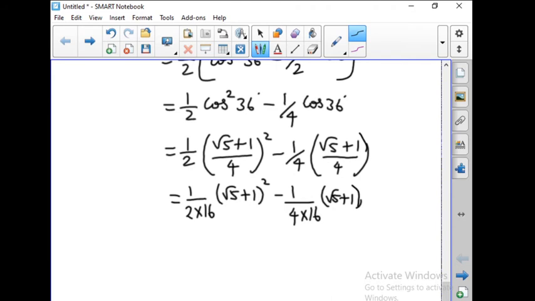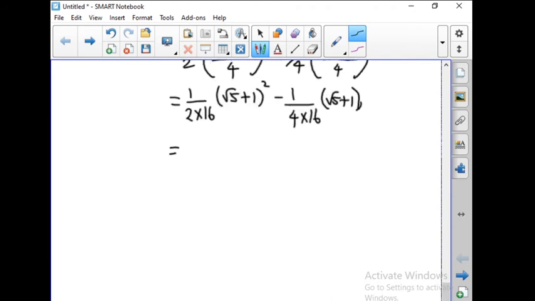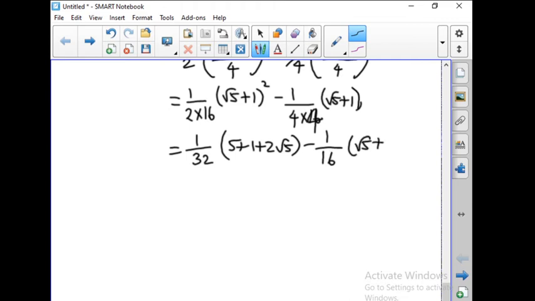Okay. So we are getting the answer as 1 by 32, root 5 the whole square is 5, plus 1 plus 2 root 5, minus 1 by 4 into 4, isn't it? Here it is not 16, it is 4 into 4, that is 16, root 5 plus 1.